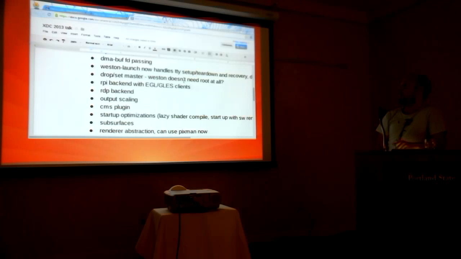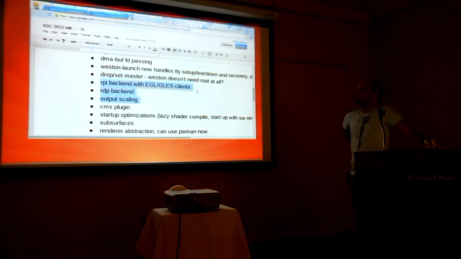We have a backend abstraction inside Weston that allows us to run Weston on top of X as an X client, where it renders to an X window and gets input from X. We can run on KMS and evdev. We gained a few backends since Nuremberg, where we got a Raspberry Pi backend from Daniel and his team. Mostly Pekka.